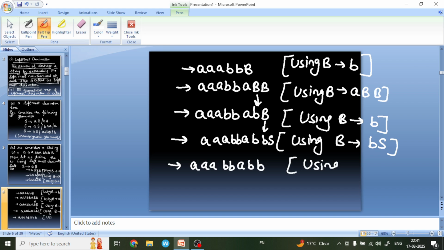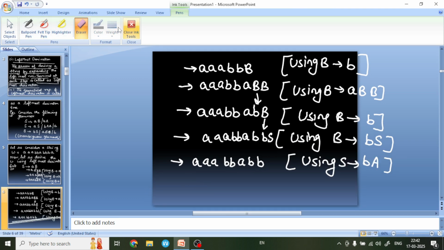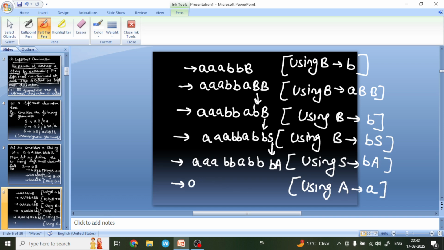Now using S implies b A, in place of S, b A. Now again using capital A implies small a.